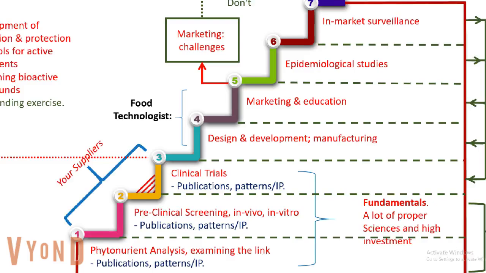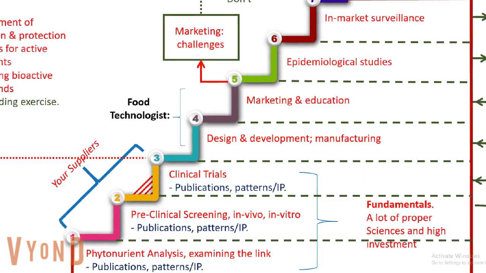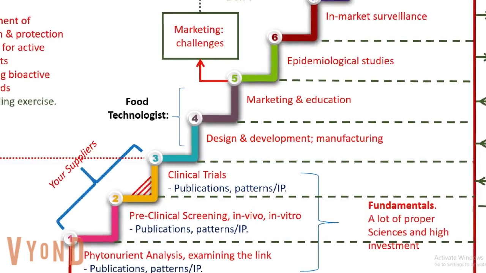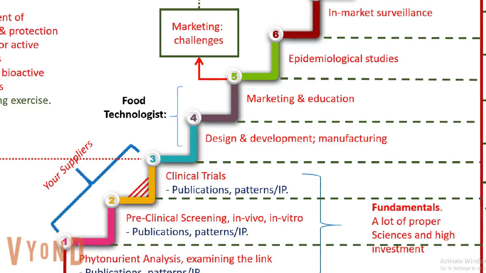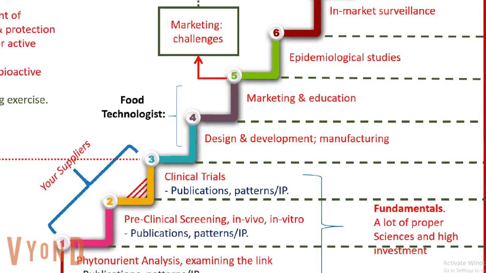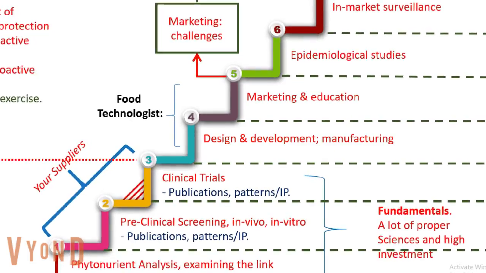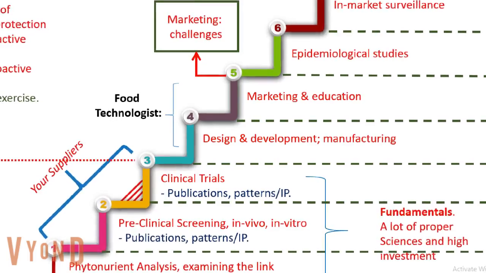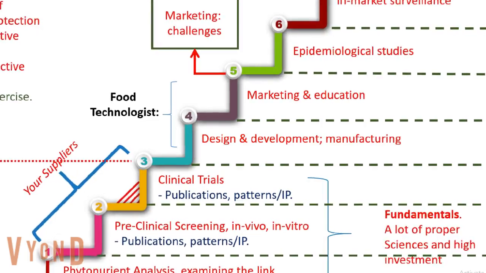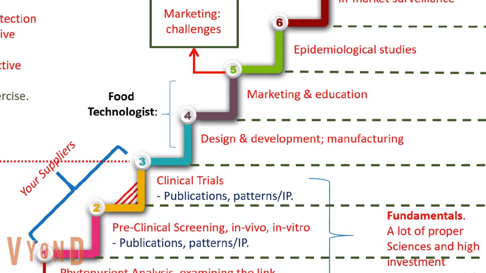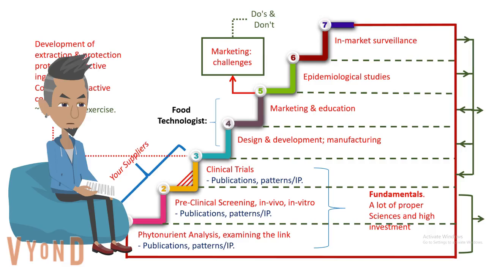Then, in step number 2, we run in vitro and in vivo studies with non-living and animal specimens respectively. If in vitro shows good results, we can go on to step 3, where we can run human studies. This involves administering human appropriate dosages of bioactive compounds and testing for adverse side effects.